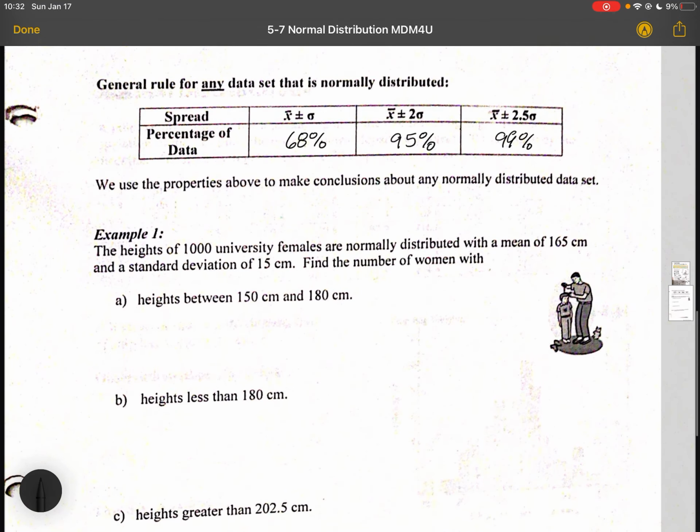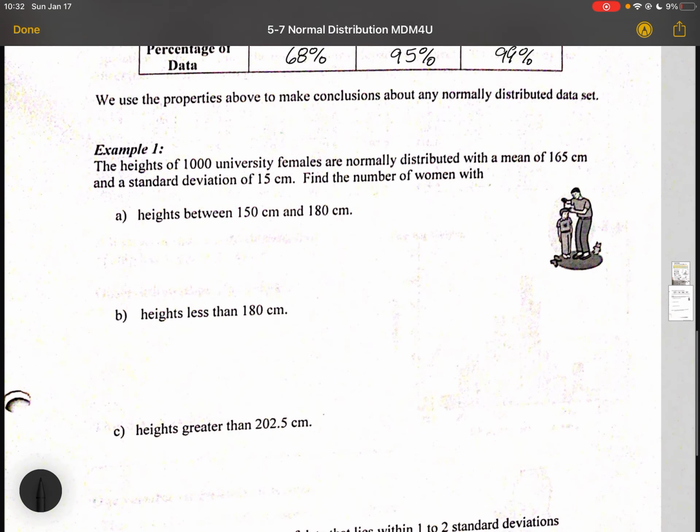So we'll go through a couple of examples here. The first one is: the heights of 1,000 university females are normally distributed with a mean of 165 centimeters and a standard deviation of 15 centimeters. Find the number of women with heights between 150 centimeters and 180 centimeters. So this is one standard deviation on either side of the mean.